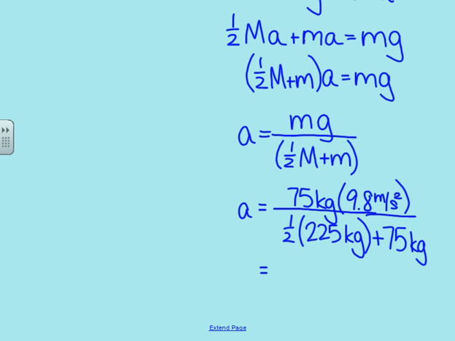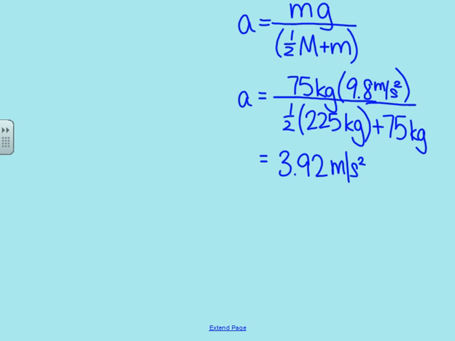I end up with an acceleration of 3.92 meters per second squared. This number is logical since, as I mentioned at the beginning of this problem, he should not be accelerating at g, 9.8 meters per second squared, because he also has the upward force of tension acting on him.